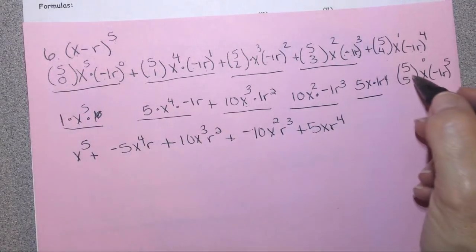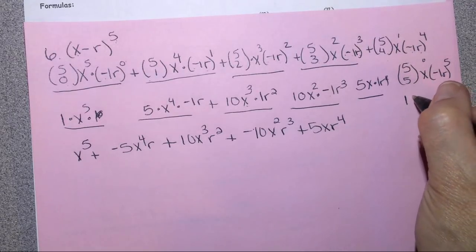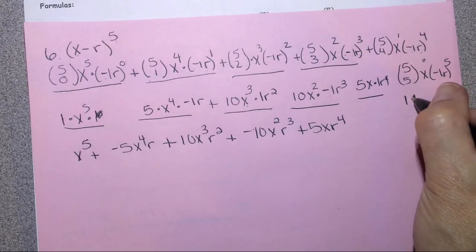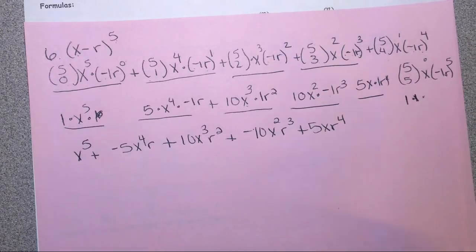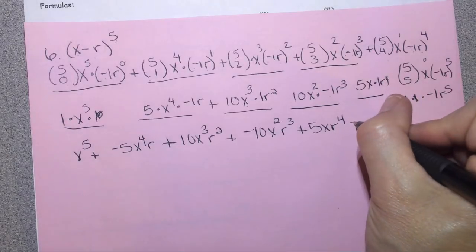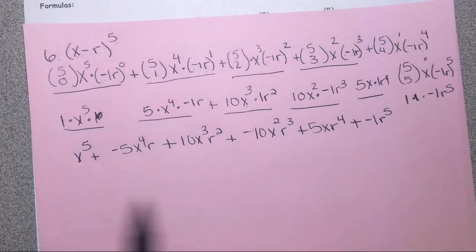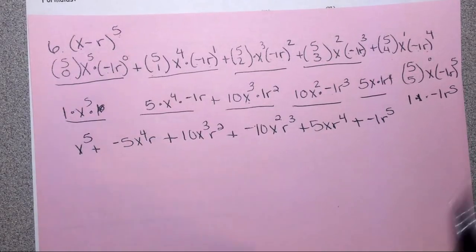All right, and the last one, 5 choose 5 is 1, x to the 0 is 1, and negative 1 r to the 5th is negative 1 r to the 5th. So it's plus negative 1 r to the 5th. All right, so the last thing I need to fix is where I have all these double signs.